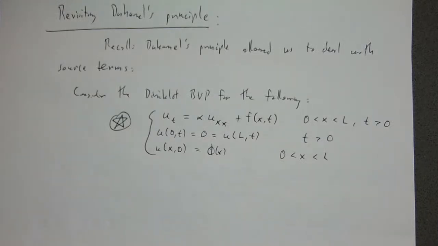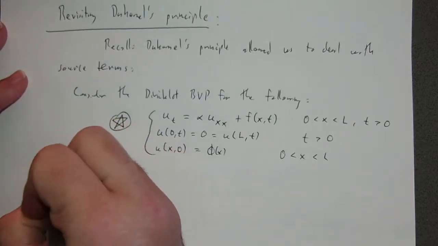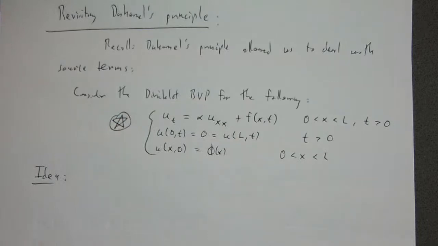What was our motivation behind Duhamel's principle for dealing with something like this? The idea was it's going to be the same as it always was for all of these cases. We first saw Duhamel's principle for the wave equation. We just did it without much motivation.